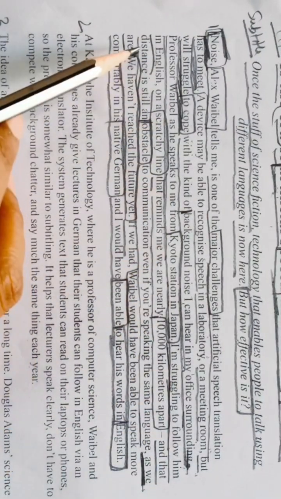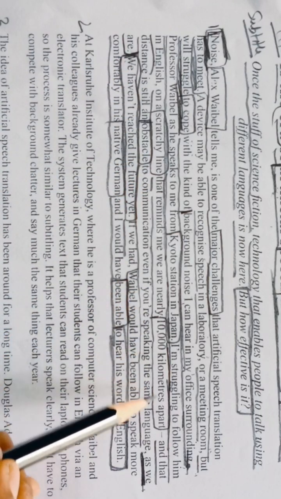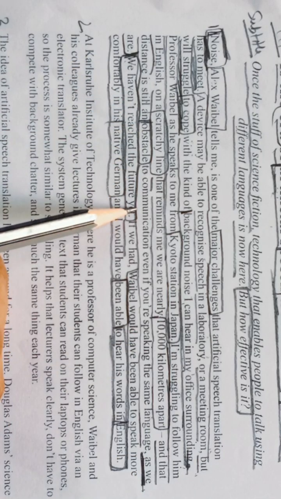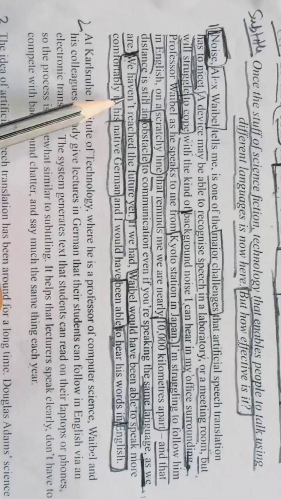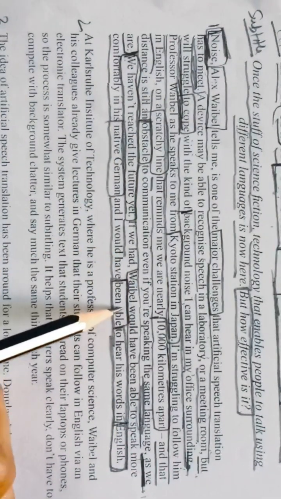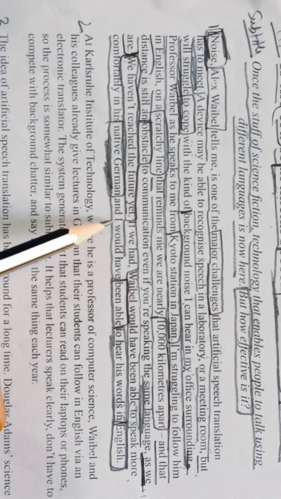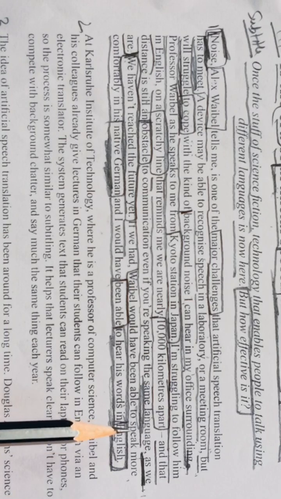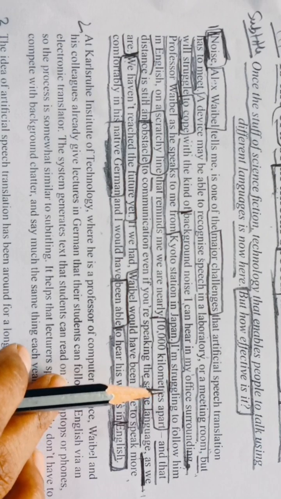I am struggling to follow him in English on a scratchy line that reminds me that we are nearly 10,000 kilometers apart, and that distance is still an obstacle to communication, even if you are speaking the same language as we are. We haven't reached the future yet. If we had, Webel would have been able to speak more comfortably in his native German, and I would have been able to hear his words in English. So in this paragraph, we are getting our keywords. Okay, so let's see our questions.